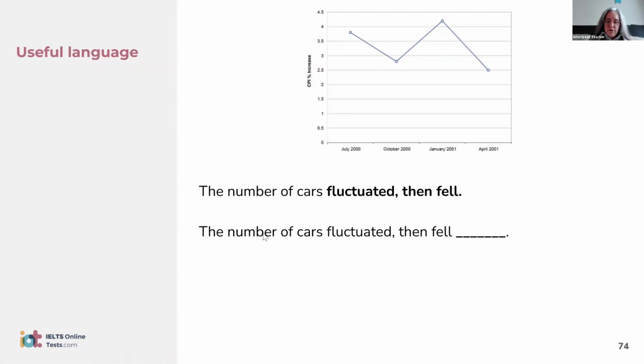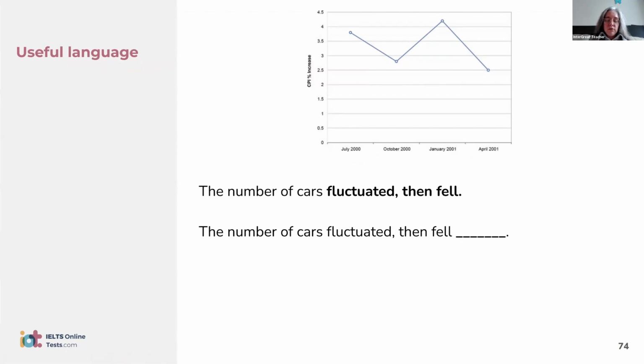So we've got the number of cars fluctuated, then fell. So the same as what we had in the original sentence, but we can add something else in order to use a wider range of vocabulary. So in this case, we would be needing an adverb.